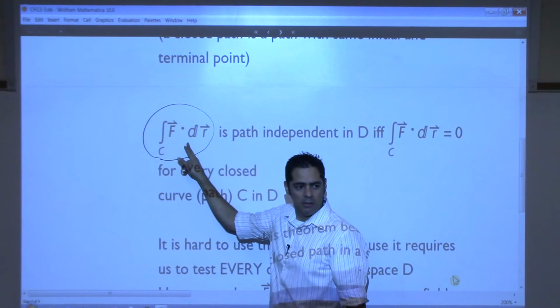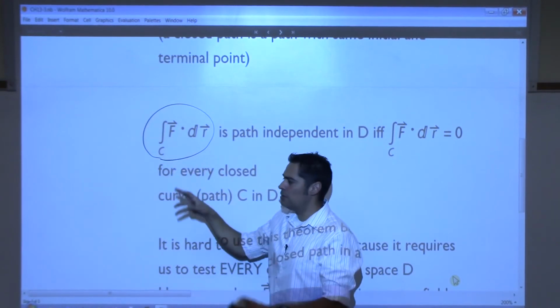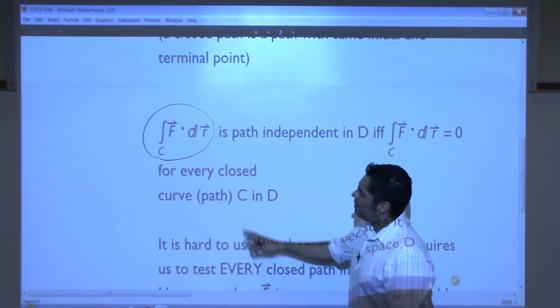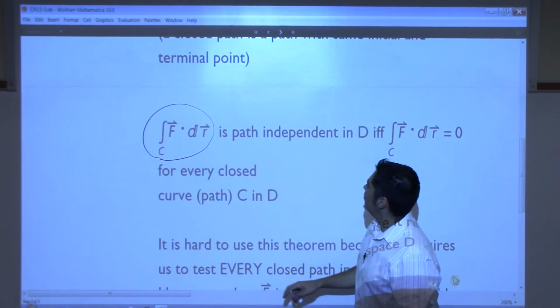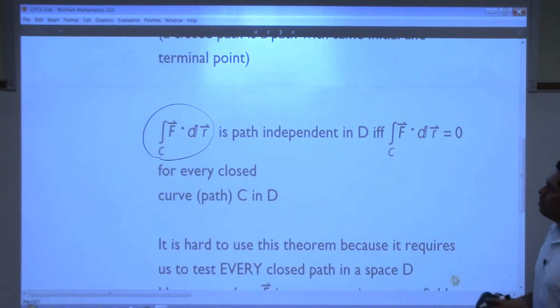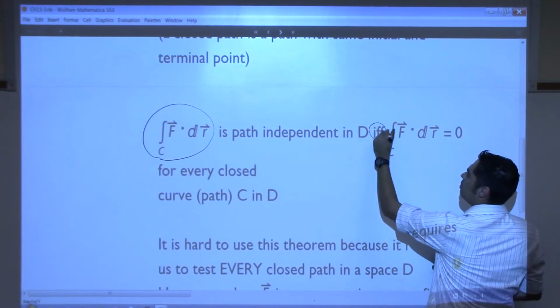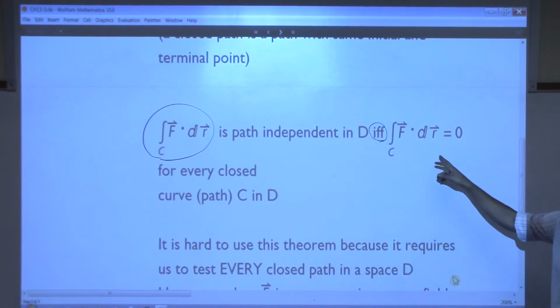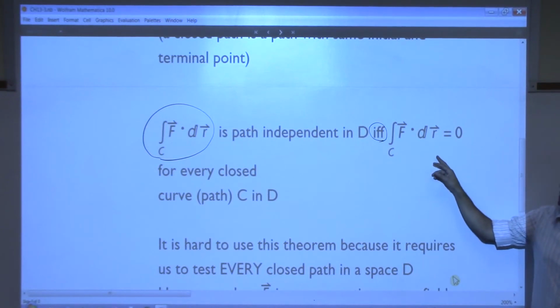If F is like a force field, then that's work. That integral is what we call path independent if and only if the answer is 0 for every closed curve path C in D.